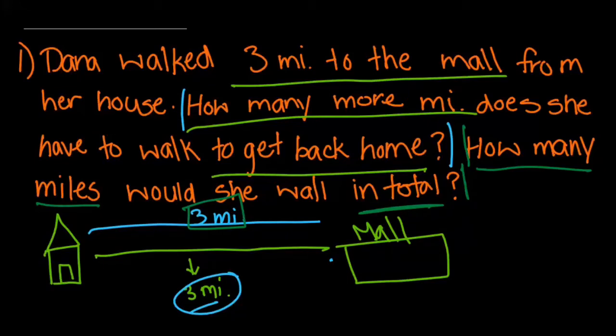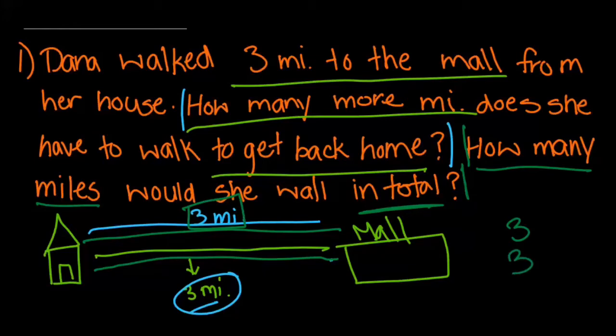When it says in total, we want to add both the distance from home to the mall, which is 3 miles, and from the mall to her house, which is again 3 miles. So what we're going to be solving is 3 plus 3. 3 plus 3 is 6.